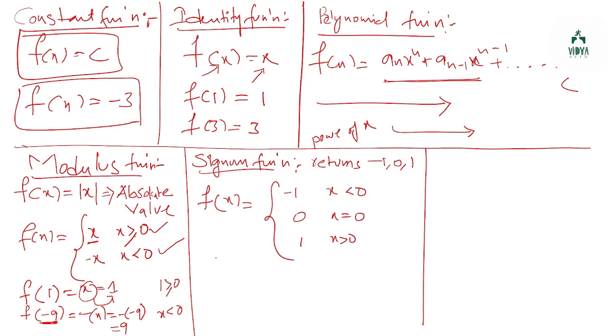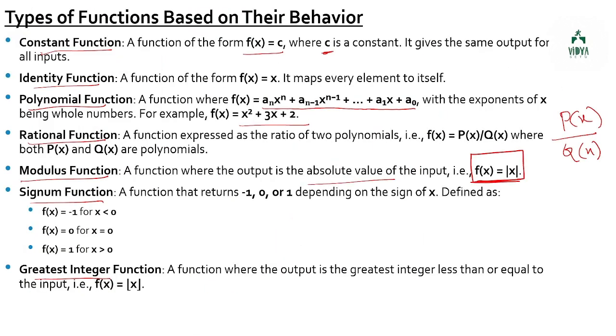So what does it mean? If I take f of minus 12, this is a signum function. Then what is the value of the signum function? It is minus 1. f of 12 is 1, f of 0 is 0.